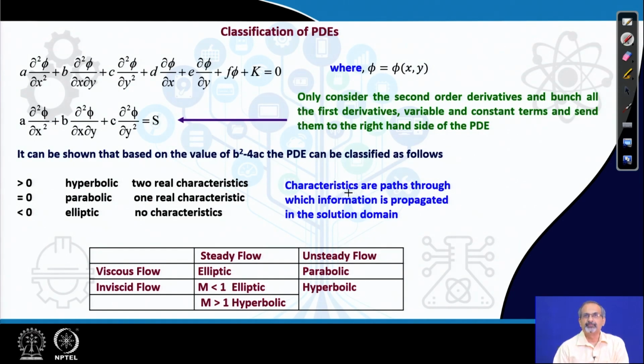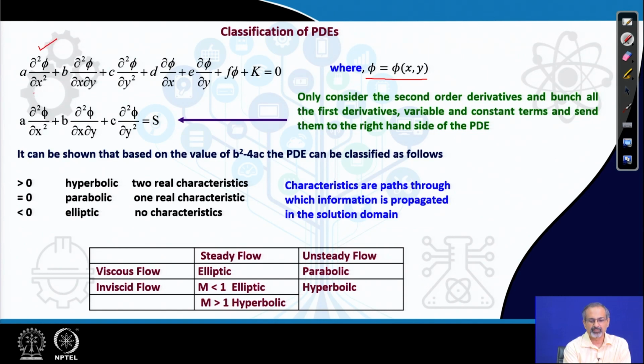We are considering a partial differential equation in phi, where phi is a function of x and y. It is a second order partial differential equation, in the sense that the highest order derivative of phi here is 2.